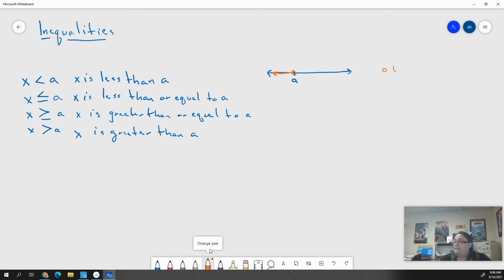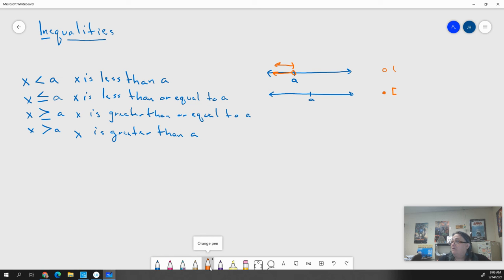If we're looking at X is less than or equal to A, I'm still going to have my A, and we're going to represent it this time with a closed dot because we're actually including A in the solution set. We're not just starting at A. We could use a bracket to represent it.